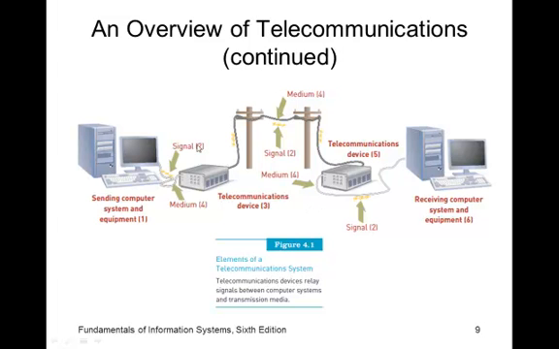So these four basic components: the sending computer, the communications device, and the mediums along the way, finally the receiving device on the other end. These four components are found in every type of telecommunications that we use.